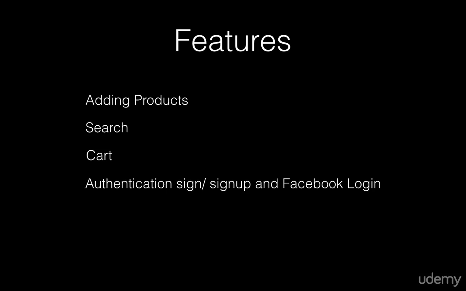Next, it will have an authentication system. You can sign in and sign up, and you can even log in using Facebook, and that is cool. Finally, it will have a payment system. Specifically for this course, we will be using the Stripe library to handle all the credit and debit transactions.